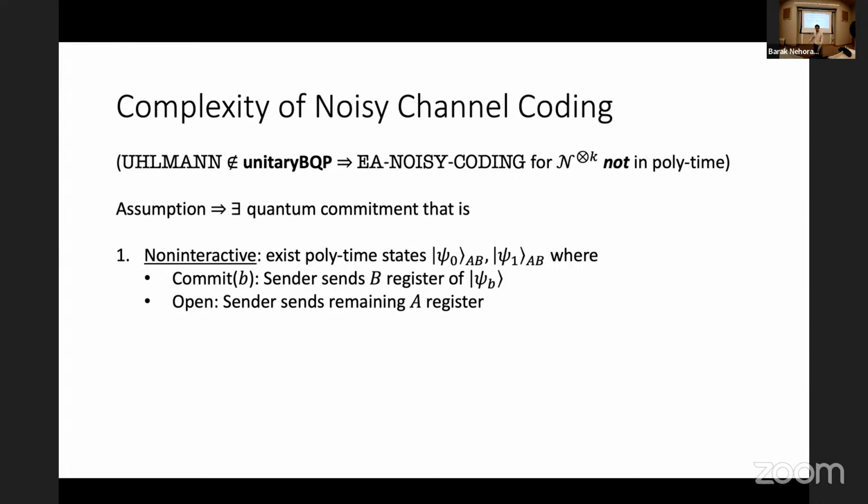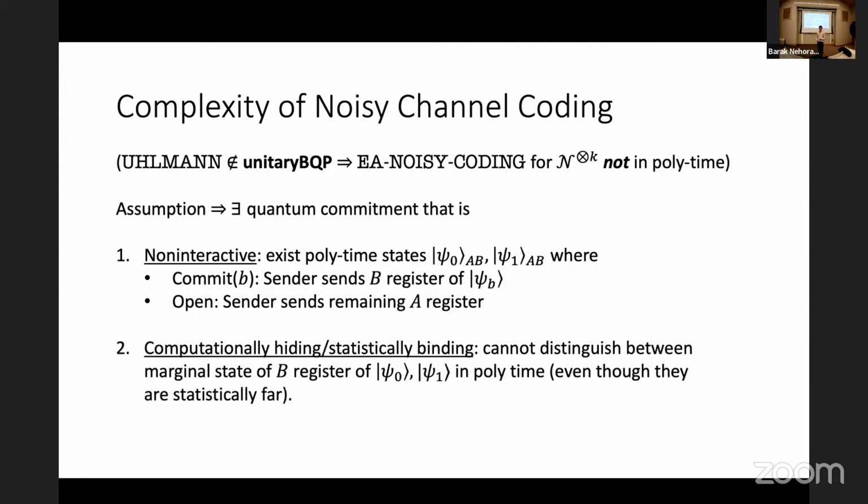So there are polynomial time computable states psi 0, psi 1, where to commit to a bit B, the committer is going to pick one of those states corresponding to the bit and send half of it. Then in the reveal phase, the committer will just send the remaining half. So there's no backwards communication from the receiver.